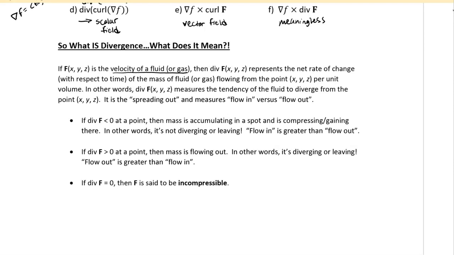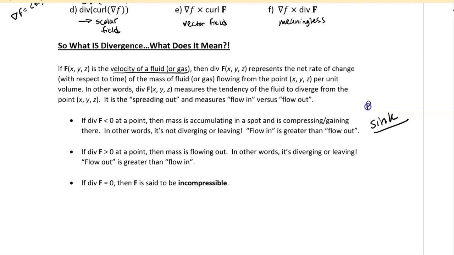If divergence is less than 0 at a point, then mass is accumulating in a spot and is compressing, gaining there. In other words, it's not diverging or leaving. Flow in is greater than flow out. We call this a sink.